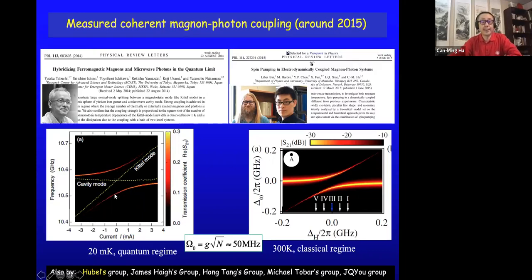You can see this gap induced by the coupling is on the order of 100 megahertz. We have also done some experiments, in the classical regime at room temperature. Basically you see the same feature of the coupling, anti-crossing, with a gap typically on the order of several hundred megahertz. Indeed, quite strong coupling.